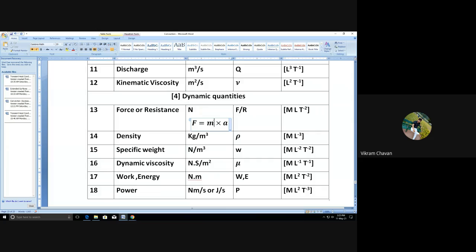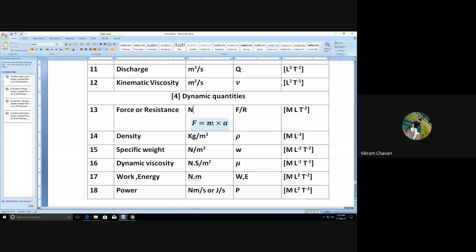So force is equal to mass into acceleration. Mass dimensions are nothing but m raised to 1, and acceleration is meter per second square. So we know the acceleration dimension, so that we can directly consider these dimensions of mass and acceleration, and we can derive the dimensions for the force, or the Newton.